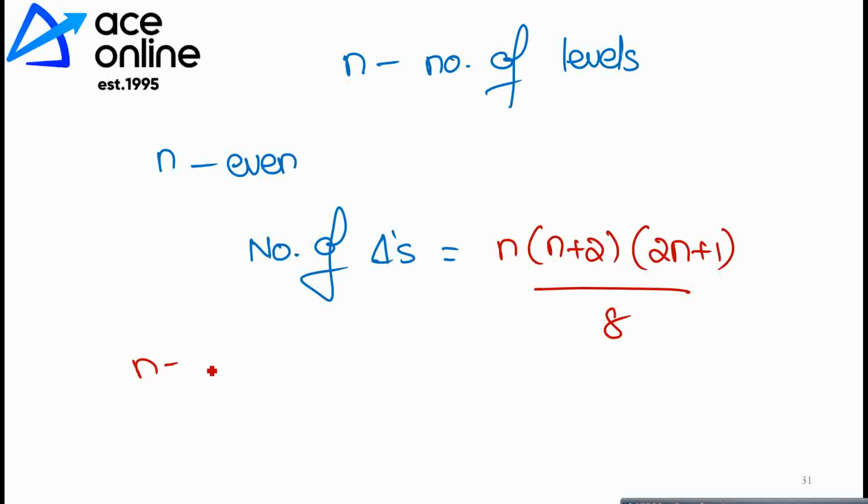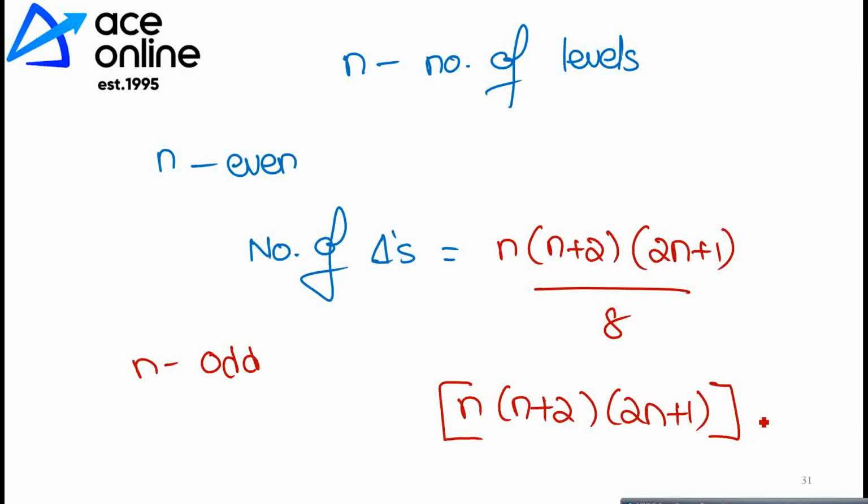Whereas if n is an odd number, see the difference. If n is odd, the number of triangles is n into n plus 2 into 2n plus 1, the entire product subtracted by 1, whole divided by 8.